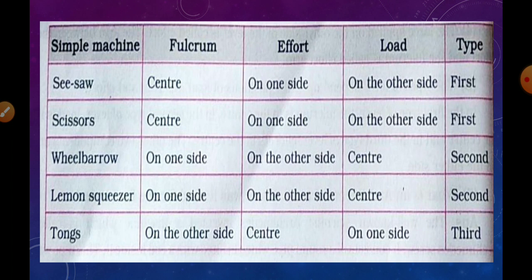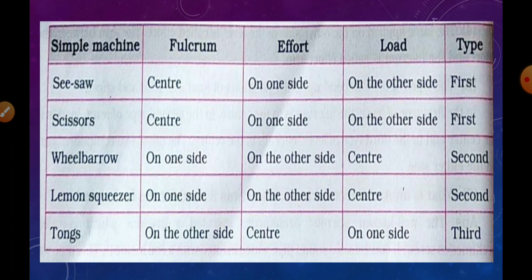And lemon squeezer: fulcrum is on one side, effort on the other side, load is in the center. So this is the second type of lever. Tongs: fulcrum on one side, effort in the center, load on the other side, that is the third type of lever. Understood?